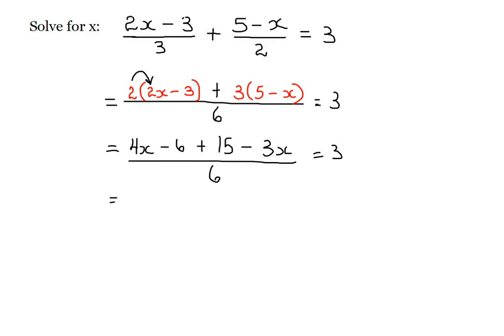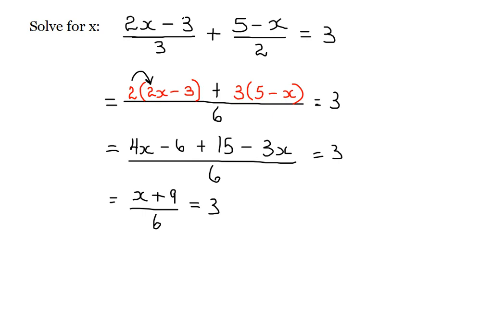I'm going to write x, and then I'm going to deal with my constants, and my constants are minus 6 and 15. So minus 6 plus 15, another way we could say this is 15 take away 6. And 15 take away 6 is going to leave me with positive 9. So I'm going to write (x plus 9) over 6. Now remember, this is equal to 3 because we have an equation on our hands and we want to solve for x. So now that we have our algebraic fraction statement more or less simplified, we can proceed to solve the equation.